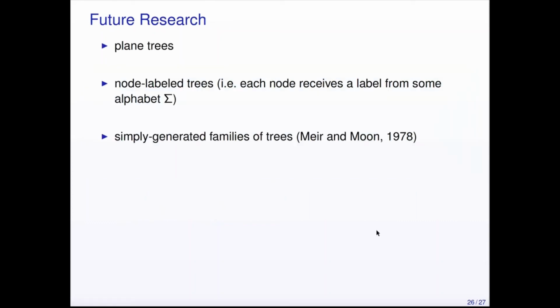As future research, we plan to transfer our results to plain trees and to node-labeled trees and to simply generated families of trees, which were introduced by Meir and Moon in 1978 and which provide a more general model for random trees. And this is the end of my talk. Thank you for your attention.